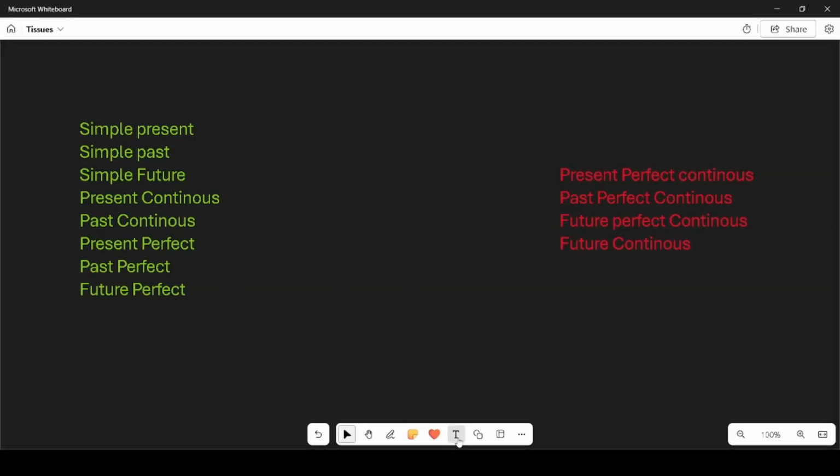Let's say we have a sentence in simple present. I'll give you a simple present sentence like we just discussed: Celine draws a beautiful picture.